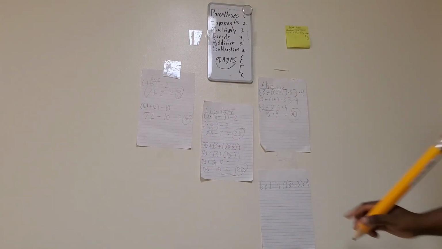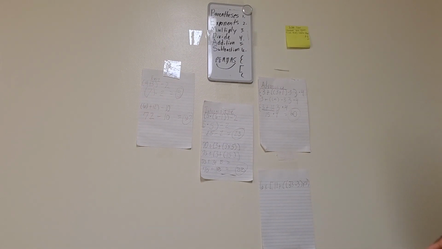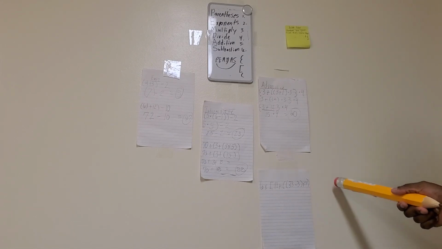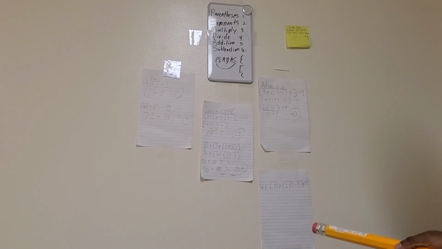Okay, it looks kind of ugly. I know my handwriting's bad. So again, we're gonna go down the rule of PEMDAS and we're gonna work with the innermost bracket. The reason why is because it simplifies the equation much easier, so we won't do all this inside of our head. Please do not do this.